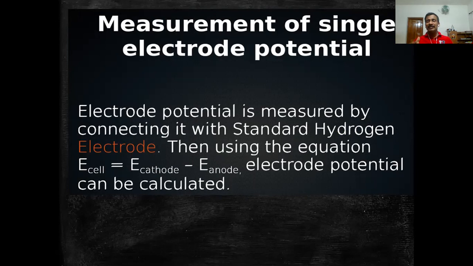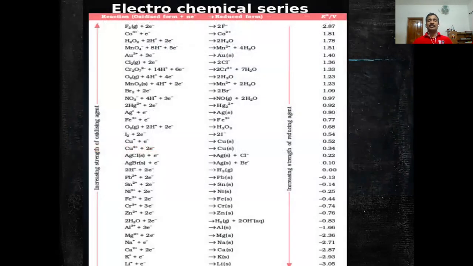And we can arrange them in the order of their electrode potential, either increasing order or decreasing order. That arrangement is known as the electrochemical series. Here all the possible electrodes are arranged, and in this particular arrangement it is in the decreasing order of electrode potential.